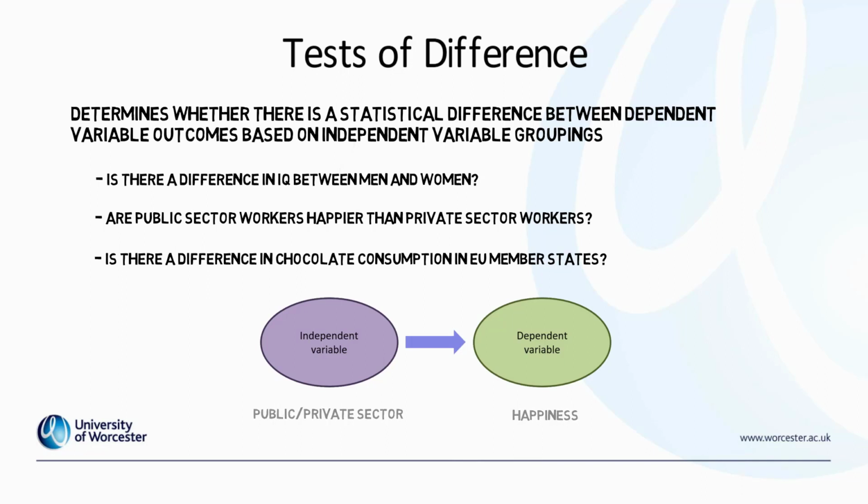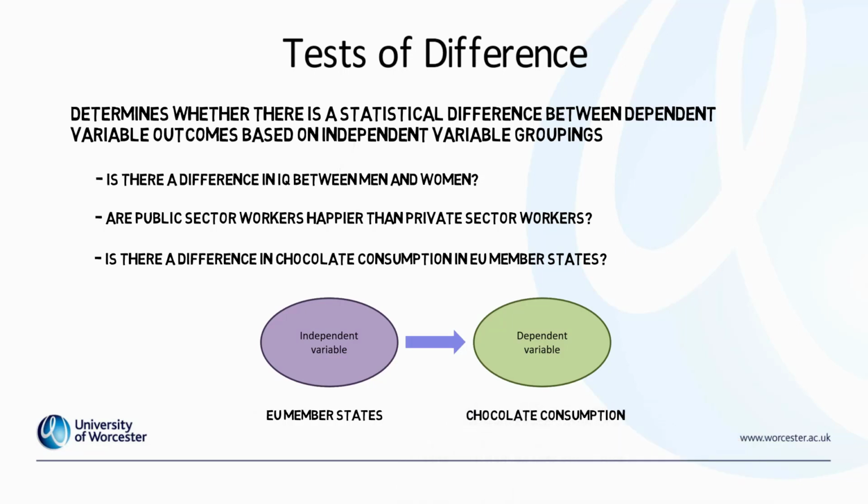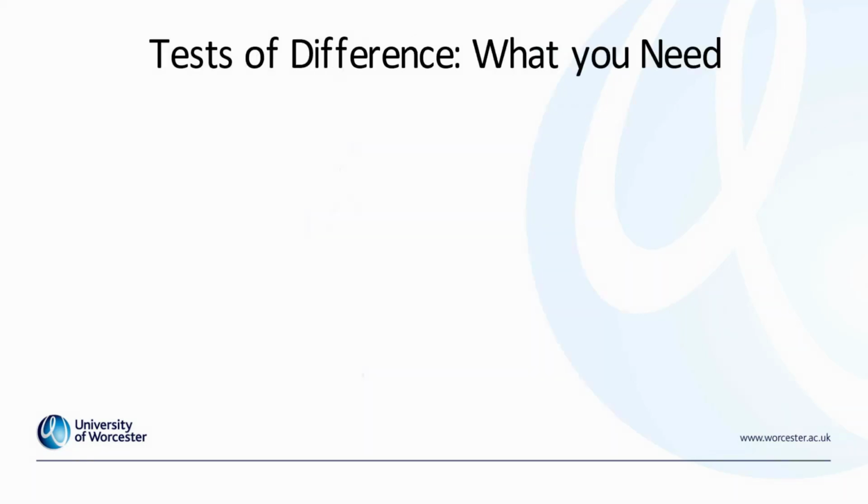In the third example, we are looking to see, is there a difference in chocolate consumption in EU member states? Our independent variable is the EU member states, and the dependent variable we're looking to see is whether there is a difference in chocolate consumption based on the independent variable of the EU member state the respondent is in.